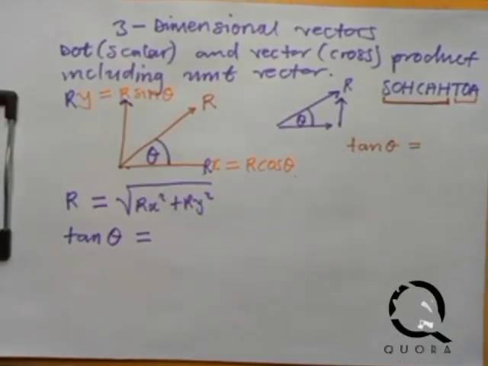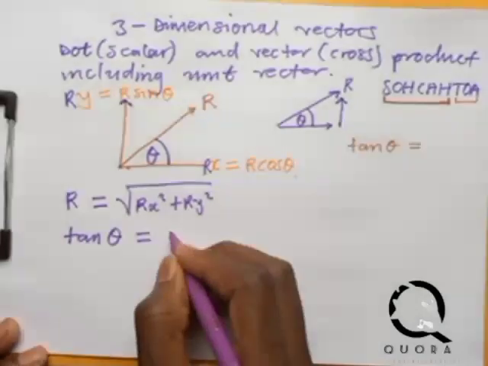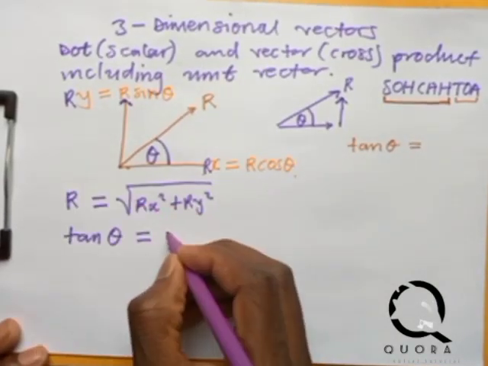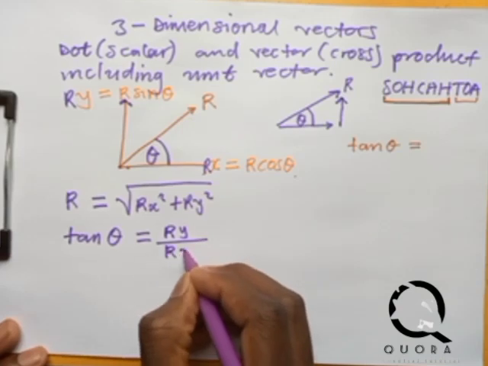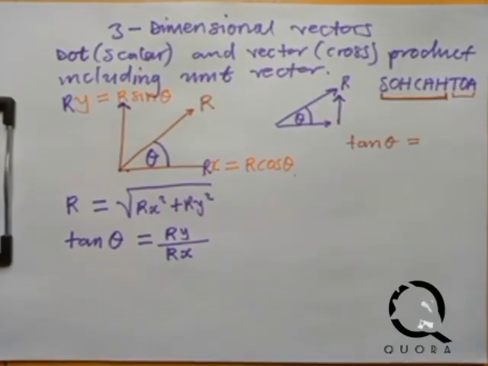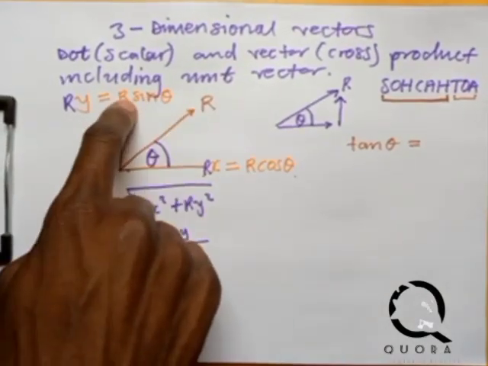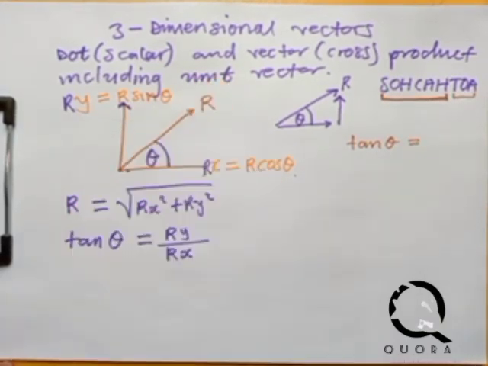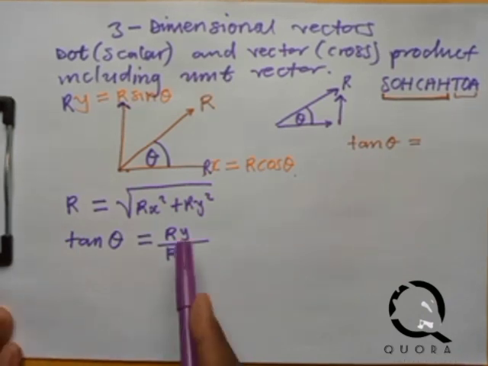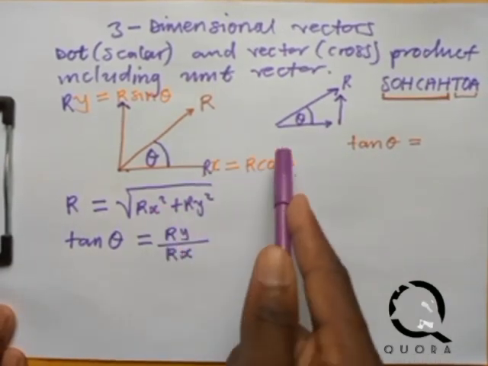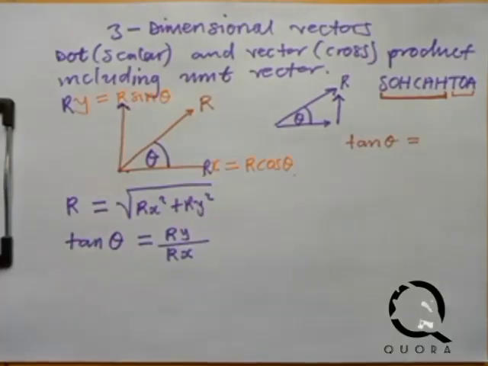That's why to find the direction, you have to say tan theta equals ry over rx. So the answer you get for ry after resolving the resultant into its components, or after getting the total of all the resultants, is what you put where there is ry. Same applies to rx.